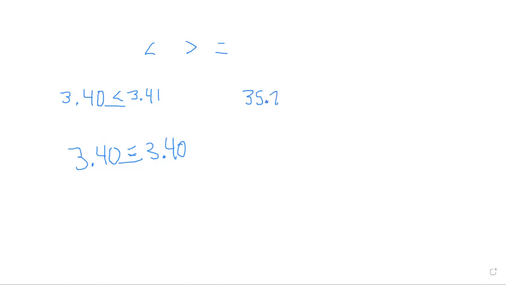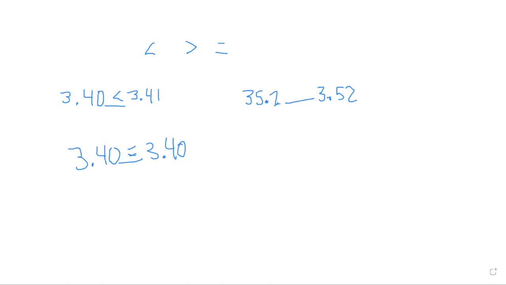You do need to pay attention to where your decimal is. A lot of times I get these, I have 35 and 2 tenths and 3 and 52 hundredths. When you read it using the words, it's pretty clear 35 is greater than 3. But a lot of times what happens is we look at 352, 352, it must be equal. It's not. You have to watch my decimal points.